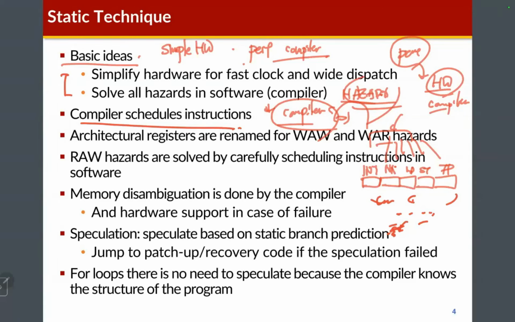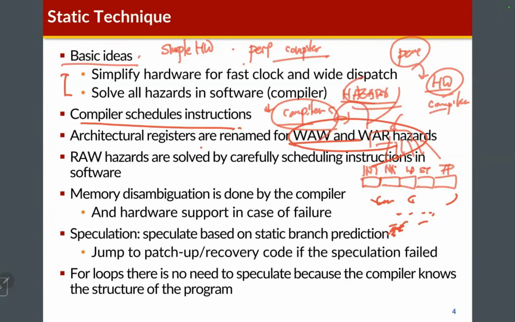Instead, the compiler analyzes the code and applies optimization techniques like branch prediction or speculative execution. Loop unrolling is one of the main techniques that can be applied by compilers. Compilers can increase the number of instructions by unrolling iteration loops. And what's the problem? We need to solve the write-after-write hazard.